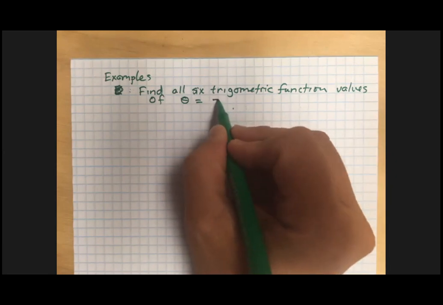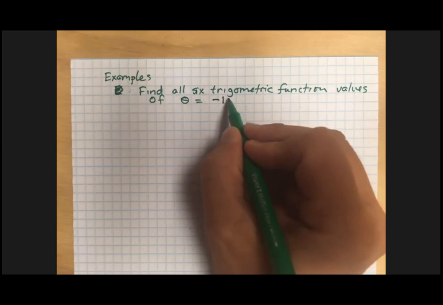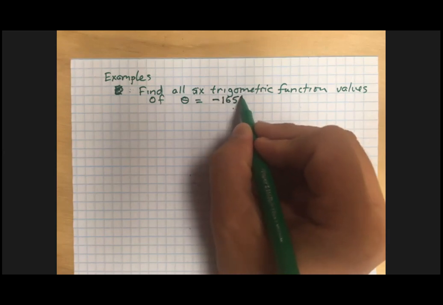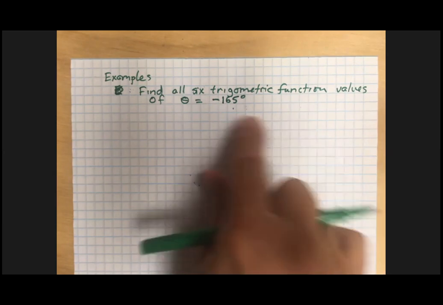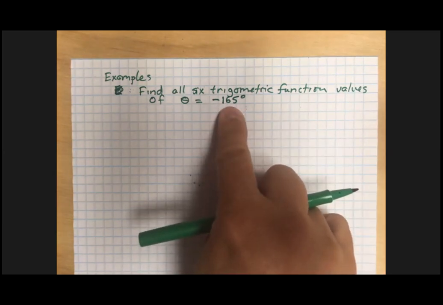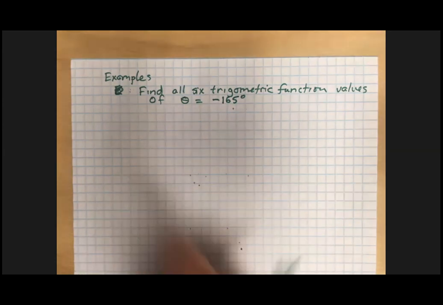How about negative 165 degrees? So I'm going to make it negative. I'm going to make it a strange number, maybe. And now we're going to find all 6 trig values.